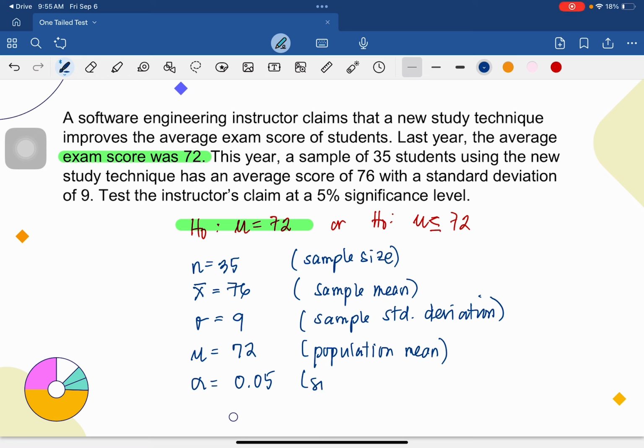And this is of course the significance level. At this point, you have noticed that the data is readily available. It's just up to you how to use it or how to group the data to find out which will be used in finding the test statistic.